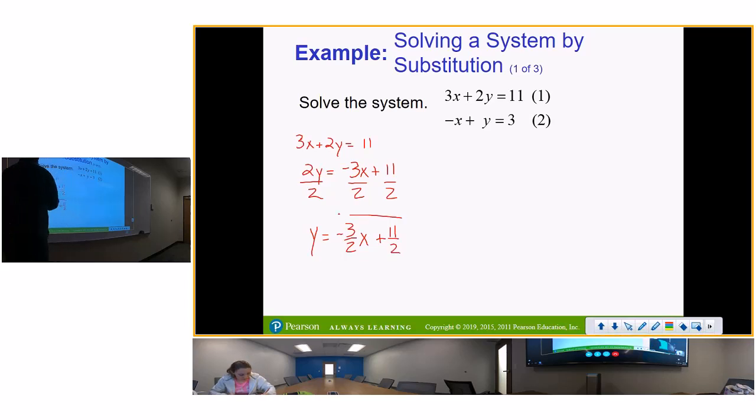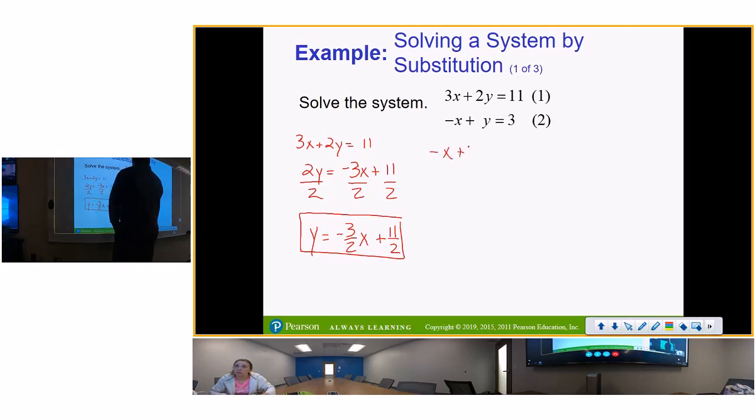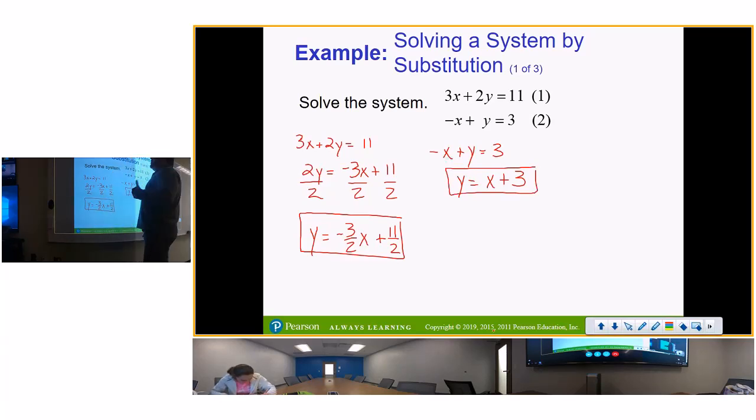All right, so that's one line. And then the other line, negative x plus y is equal to 3. y is equal to x plus 3. And that's done. Now, you can graph these two lines and find the intersection point in the calculator.